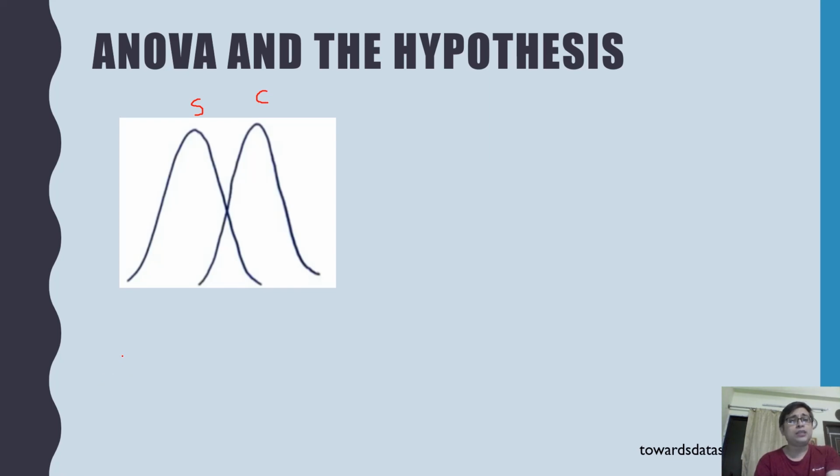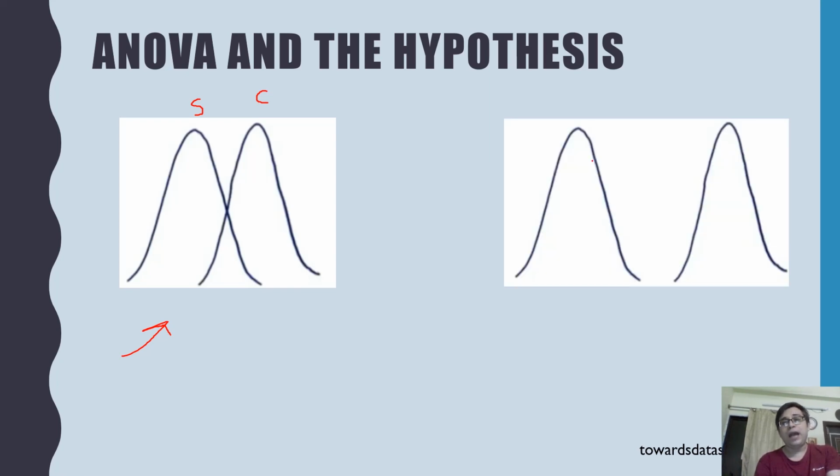This can be one case where there is an overlap between these two. Another case can be that there is no overlap between the science student IQ score and the commerce student IQ score. Now the statistics people will say that this is a scenario where there is no significant difference.